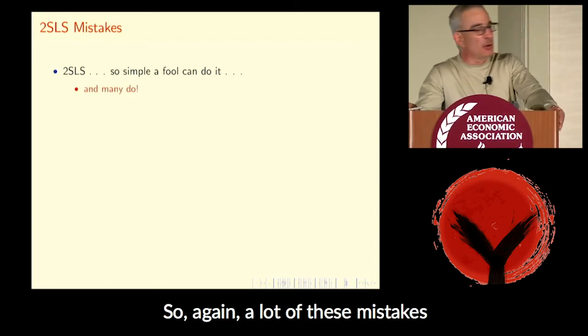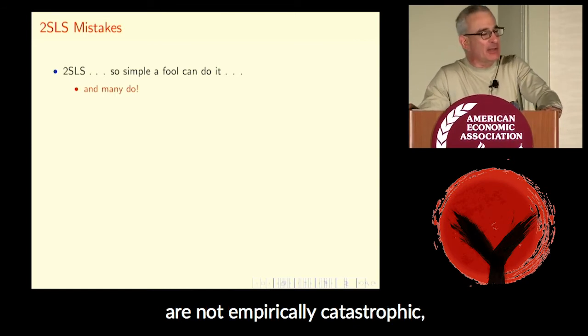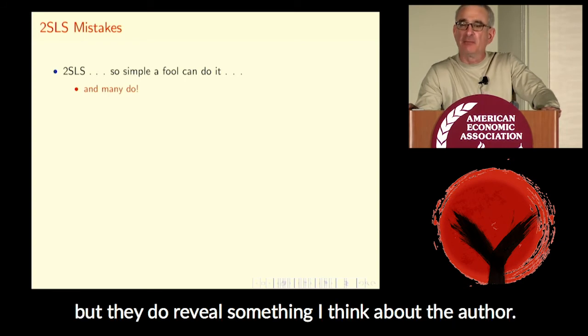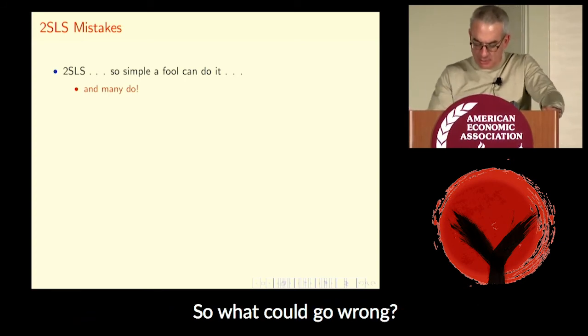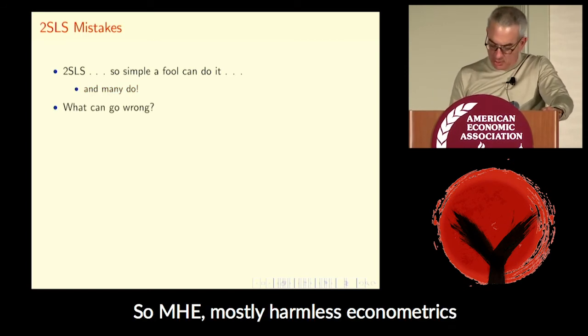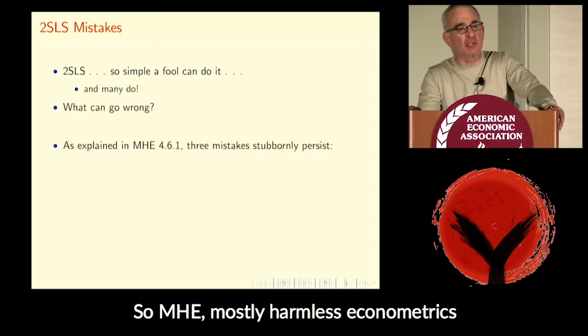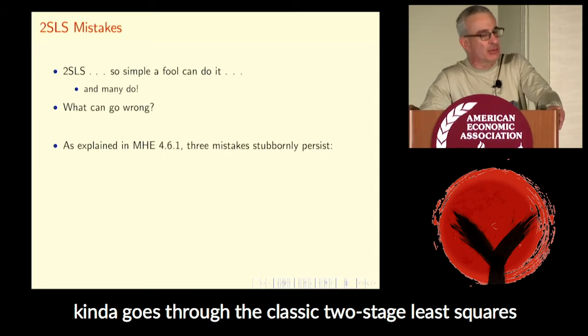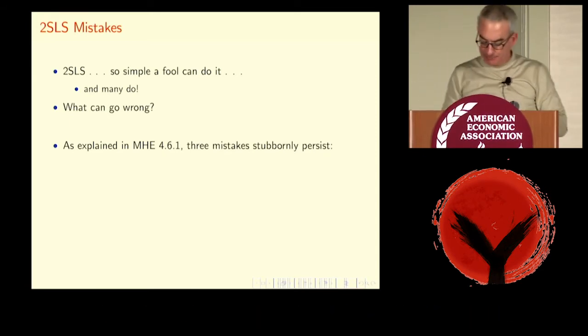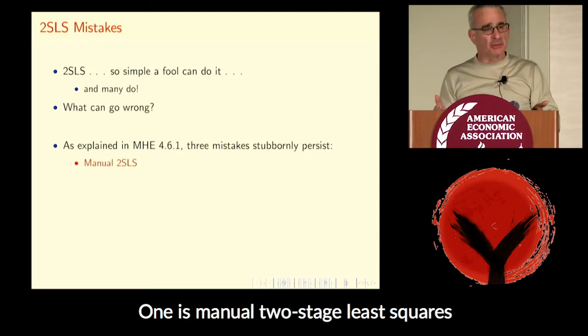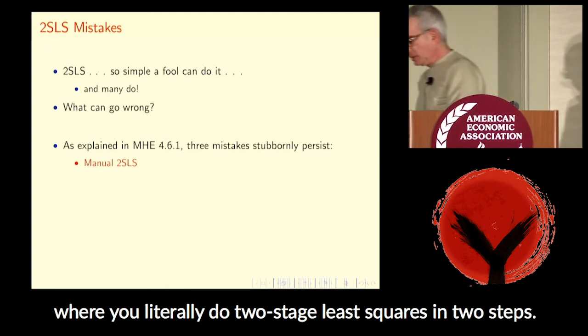Okay, so again, a lot of these mistakes are not empirically catastrophic, but they do reveal something, I think, about the author. So what can go wrong? MHE, Mostly Harmless Econometrics, goes through the classic two-stage least squares mistakes that graduate students make. One is manual two-stage least squares, where you literally do two-stage least squares in two steps.